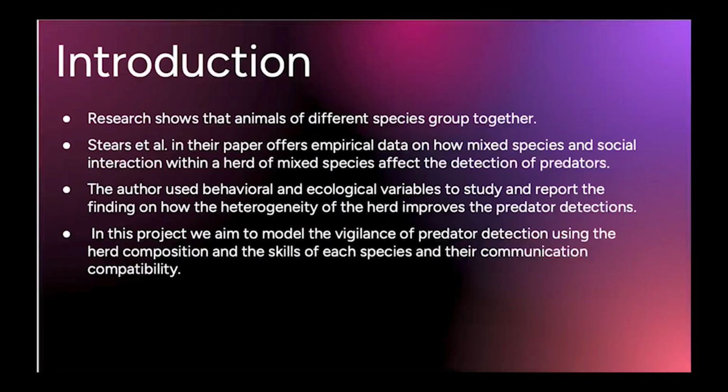They used behavioral and ecological variables to study and report on the effect of heterogeneity of the herd on the improvement of predator detection. Building on those ideas, our goal for this project is to mathematically model these behaviors and to simulate how the composition of a herd and the dominant skills of each species influence predator detection, and to measure how interspecies communication improves group awareness.